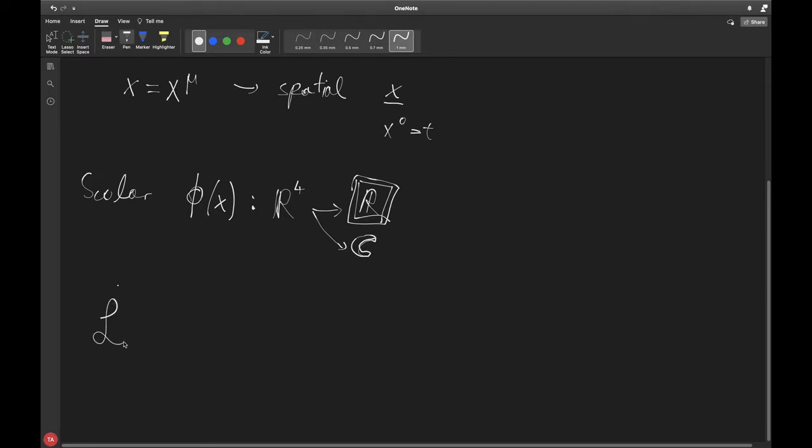So the Lagrangian density for the massless scalar field is 1/2 times the derivative of the field multiplied with the derivative of the field again. So this means that this is 1/2 times the derivative of the field, like this, squared. You can establish this just by thinking about it.